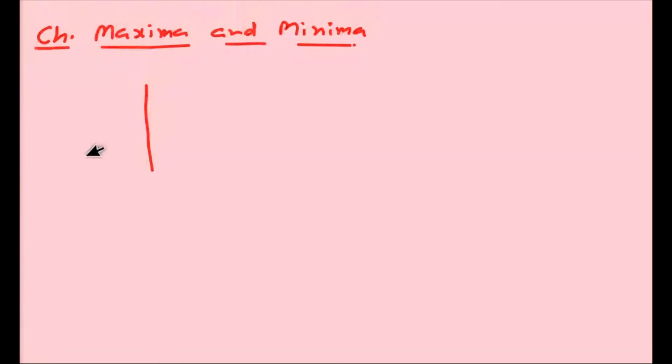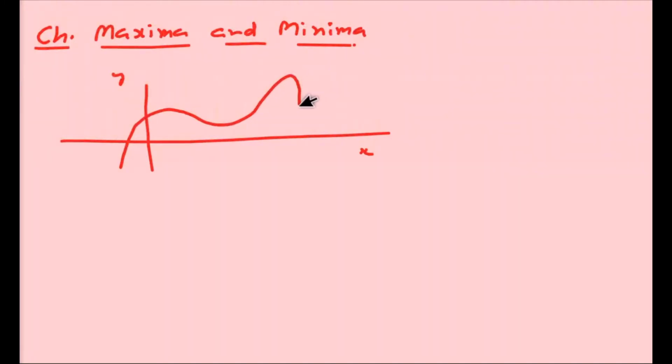Here is an x-axis and y-axis. Let here be a curve. Now you can see in this curve this point and this point.